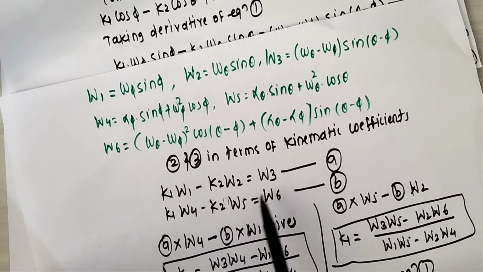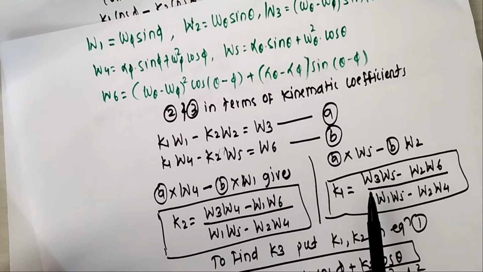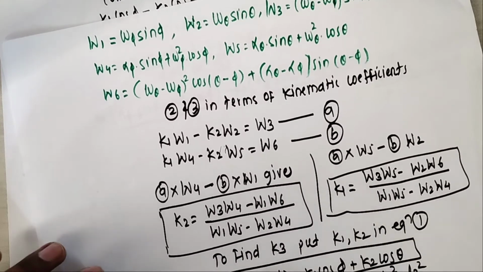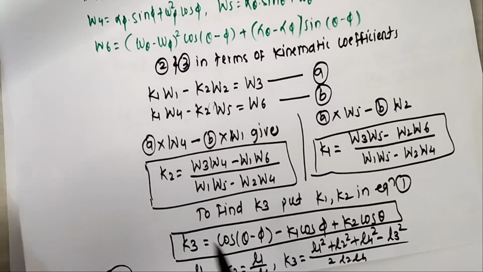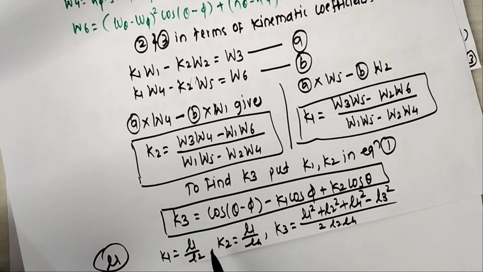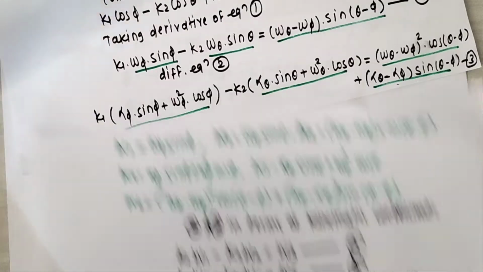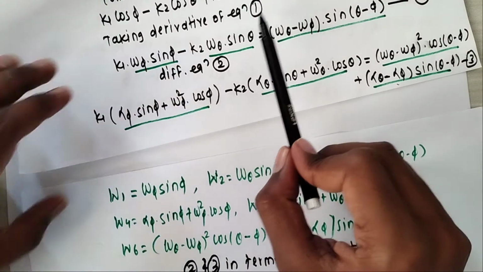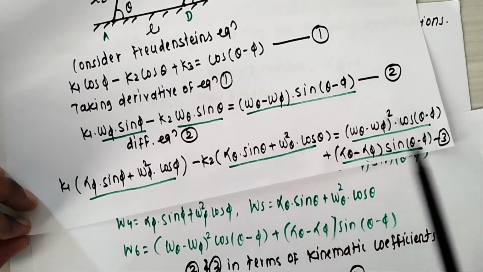Then by solving these equations A and B, we get equations for K2 and K1. Once we know K1 and K2, then we can find K3 by using Freudenstein's equation. And once we know K1, K2, K3, then you can find out L1 to L4 by using these three relations. So in first step, write down Freudenstein's equation, take its first and second time derivatives, which give you equation number 2 and 3.